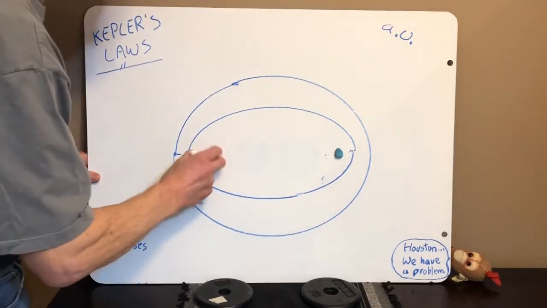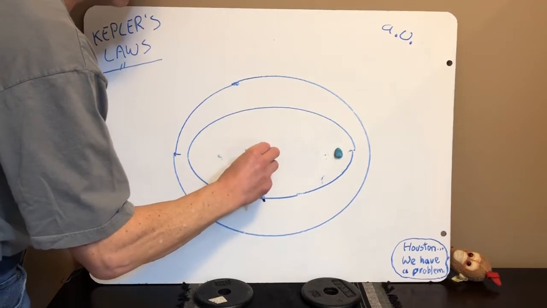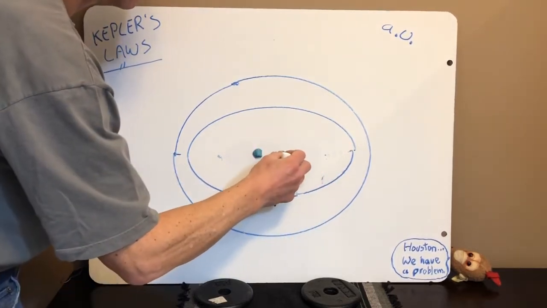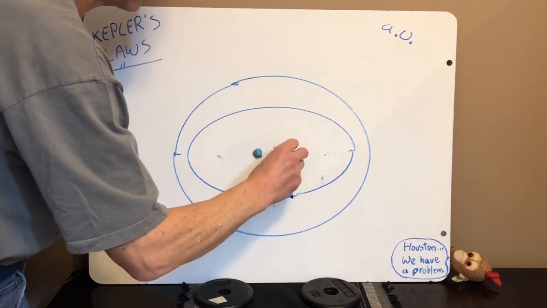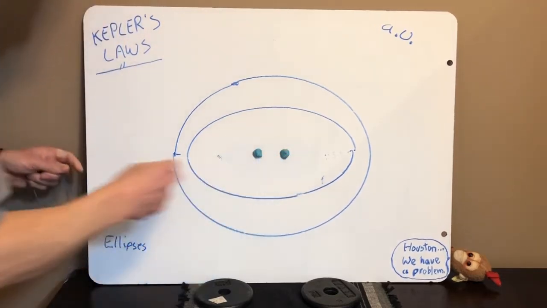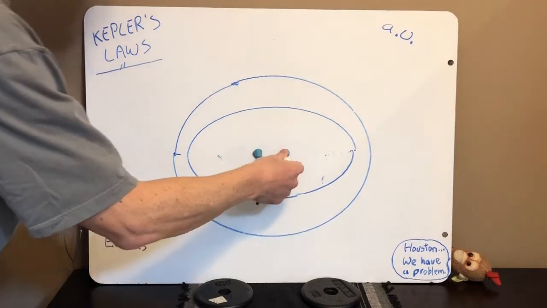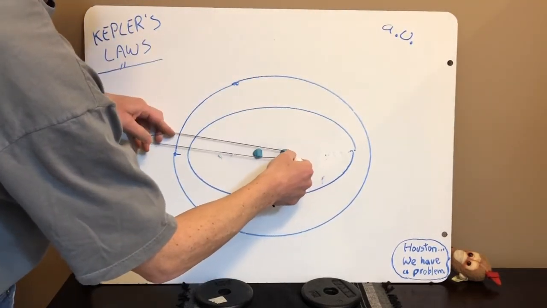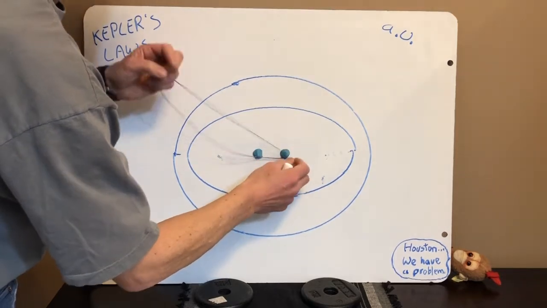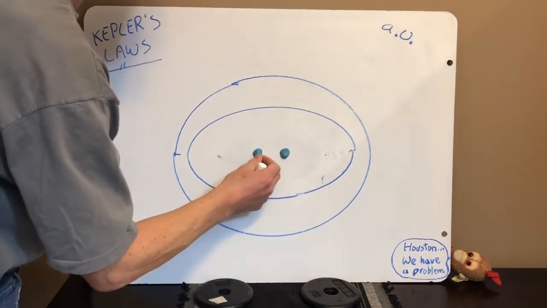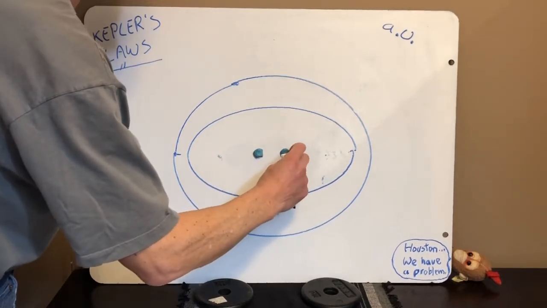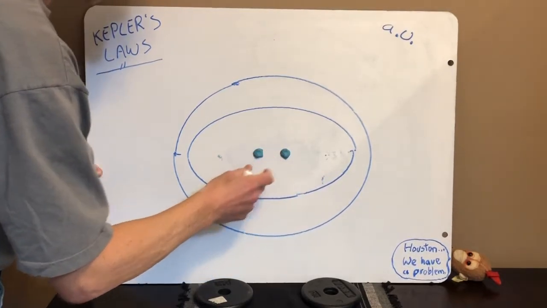And of course, if the two foci are really close together, well, then how is your ellipse going to look? You'd figure if the further apart they go, the more oval it gets.